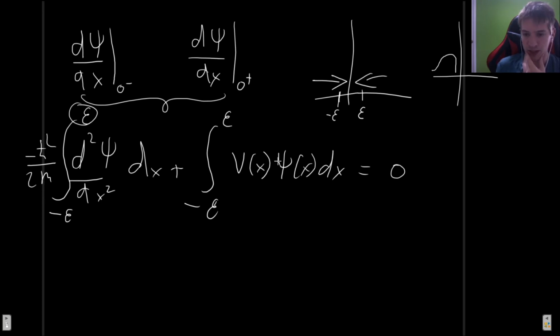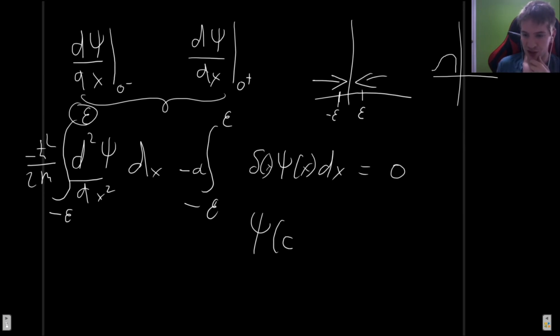Then we have this right here. So what is our potential? Our potential, as we said, is minus alpha times delta x. But alpha is just a constant, so we can put it outside of the integral. And then we have the integral of delta x times psi. But we know that the integral of some function times this delta function is just going to be the function evaluated at the point where delta is not 0.